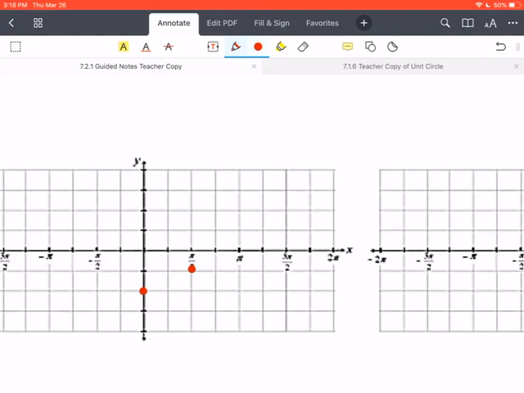Then at pi, we would normally be back at 0, but we have to shift that down 2. Then at 3 pi over 2, we would normally be at -1, the bottom of the unit circle. But then if we shift down 2, we're actually going to be at -3. And then finally at 2 pi, we're back to 0, but we've got to shift that down 2.